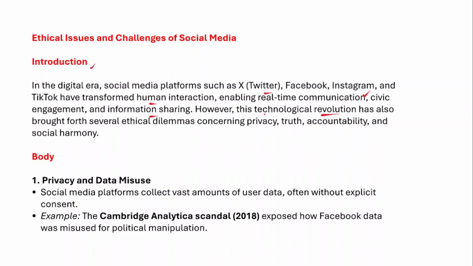The ethical dilemmas deal with privacy, truth, accountability, and social harmony. Whatever ethical dilemmas are being asked in the question, those essentially deal with these elements: privacy, truth, accountability, and social harmony. This is how you need to write a brief introduction in this answer.